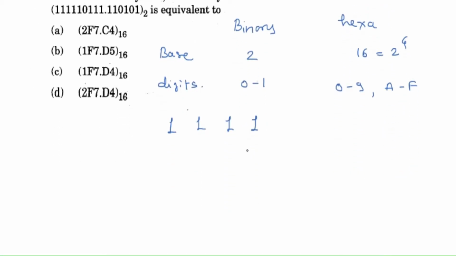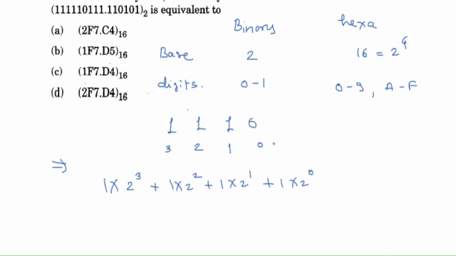It will be calculated with this as position 0, then position 1, position 2, and the 3rd position. The equivalent number will be calculated as 1 into 2 raised to 3, plus 1 into 2 raised to 2, plus 1 into 2 raised to 1, plus 1 into 2 raised to 0.